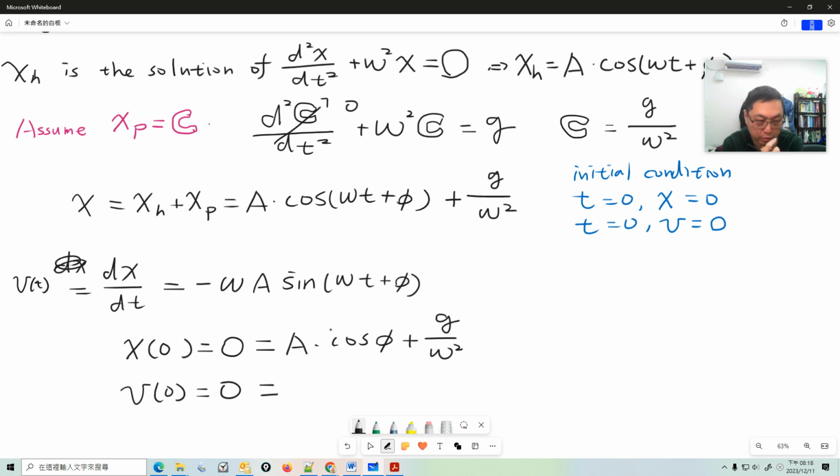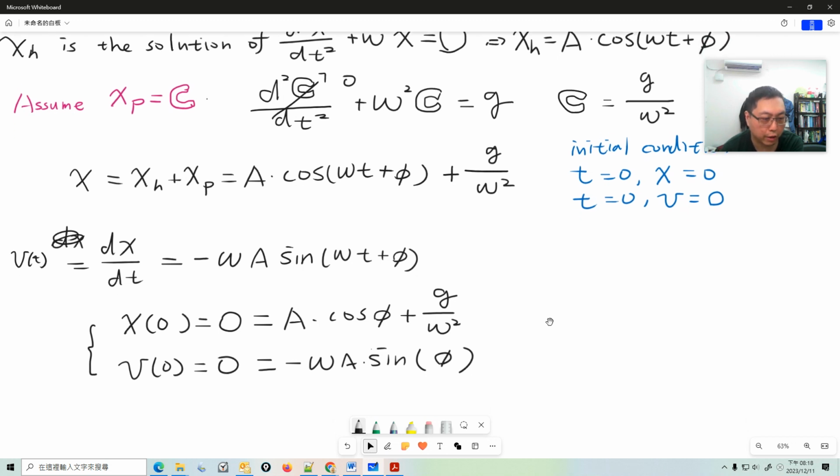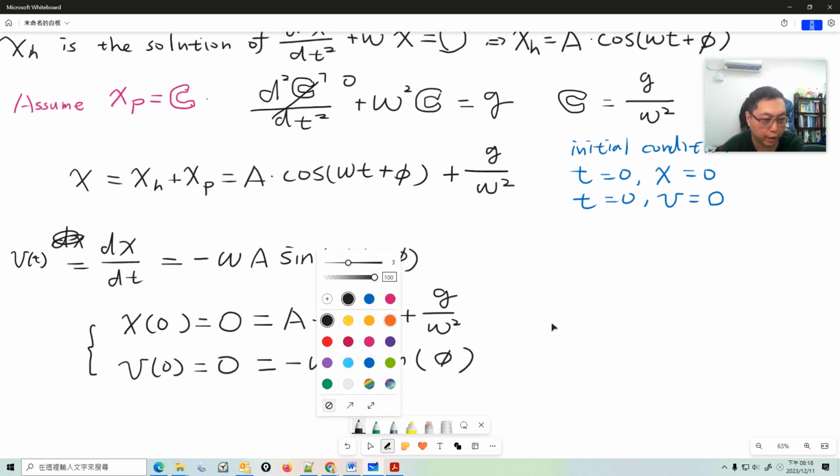Our velocity function is minus omega a sine phi. Okay, that's our initial condition, so I think we can solve this now.